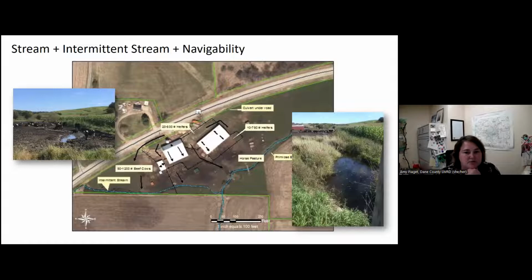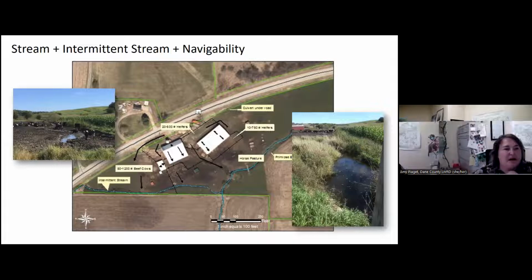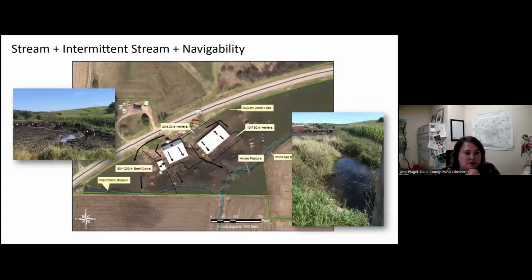So in this particular example, there's a lot going on on the screen, so I apologize for that. But in this example, we have a stream, which is this blue line that runs through here. That's Primrose Branch in Dane County. And then we have an intermittent stream, which is this stream coming in through here.